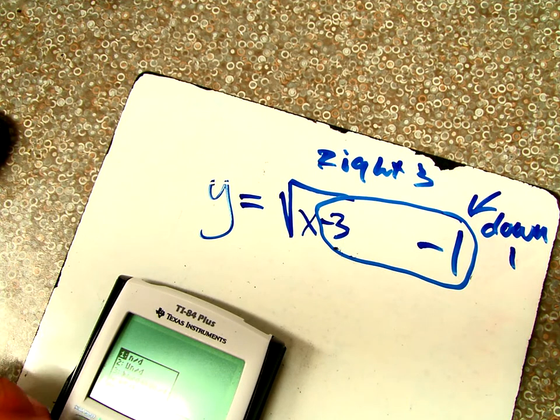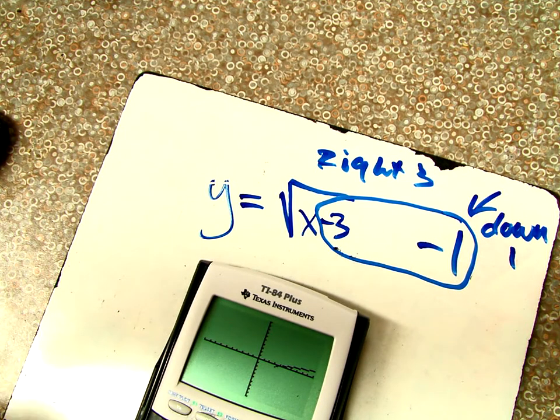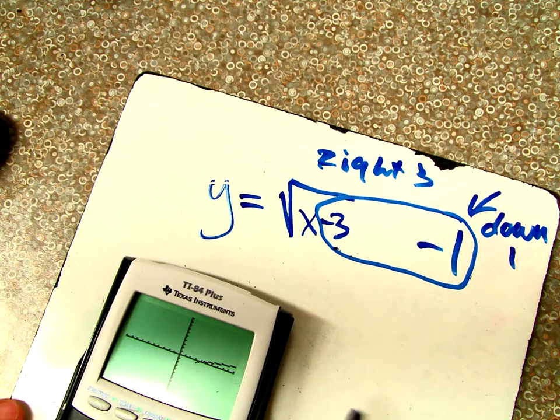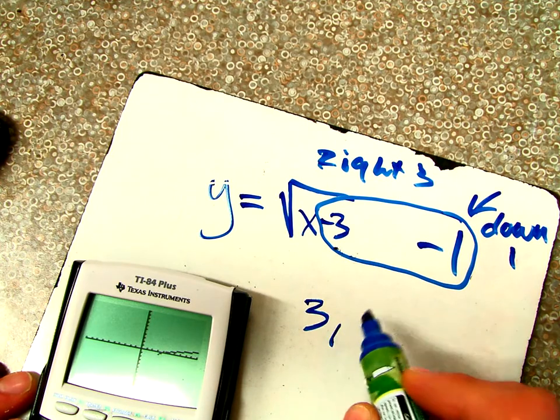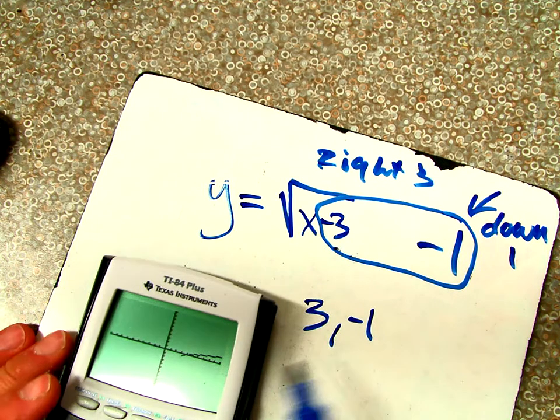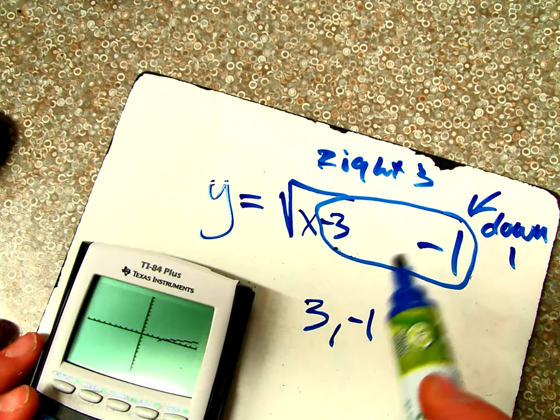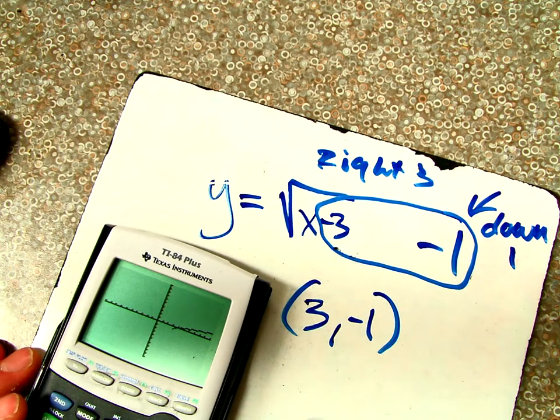I think I got it. If you look at the function, this point right there is our minimum. The -3 would be over here, that's actually +3. It's the opposite of this, always. 3, -1. Okay, that is the ordered pair for the vertex.